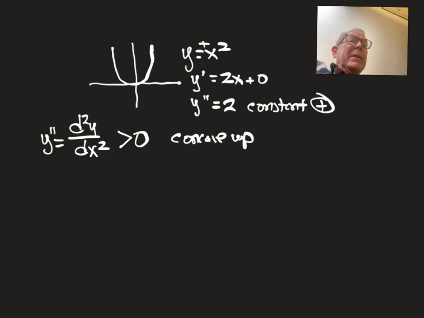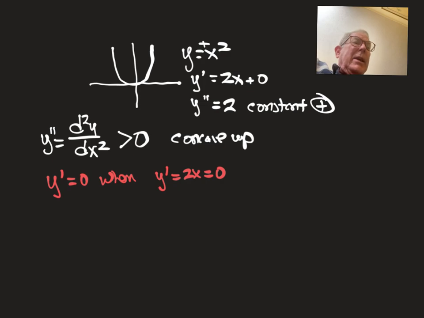By the way, the first derivative equals 0 when? Okay, equals 0 when y prime equals 2x equals 0, so x equals 0. So at x equals 0, you have a critical point, right there.